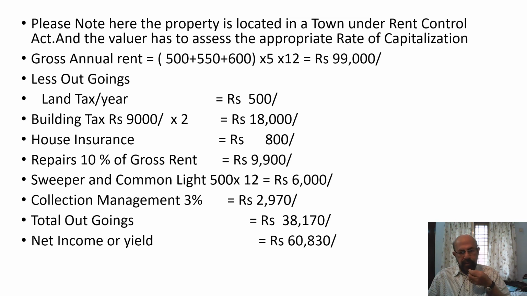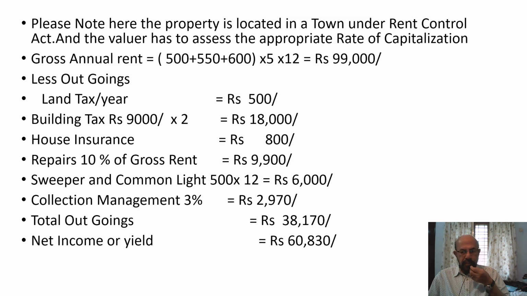Land tax per year 500. Building tax per year is equal to 9,000 into 2 is equal to rupees 18,000. House insurance rupees 800. Repairs 10% of gross rent is equal to rupees 9,900. Sweeper and common light 500 into 12 is equal to 6,000.